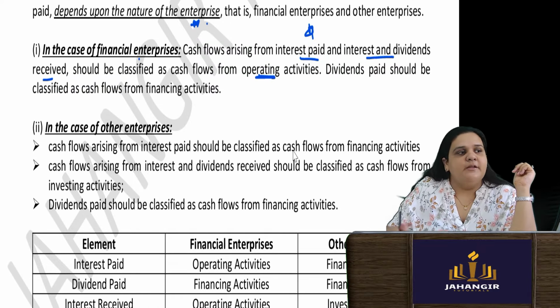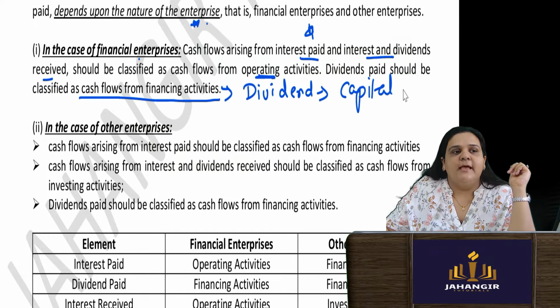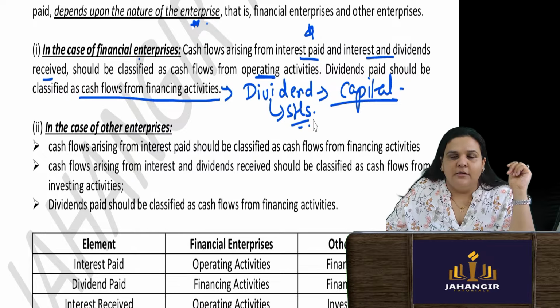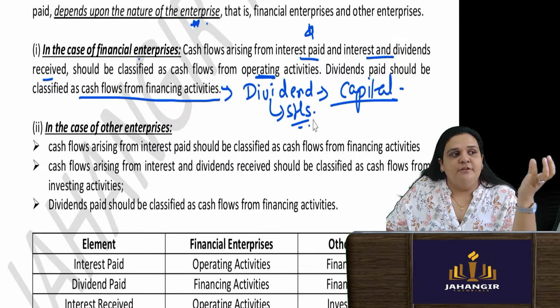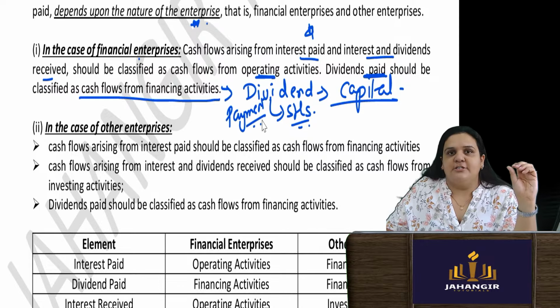However, dividend paid will be classified as financing activity, because they will pay dividend only if they have raised capital. If they have raised capital, they have shareholders, only then will they pay dividend. So only the payment of dividend will be classified under financing activities.